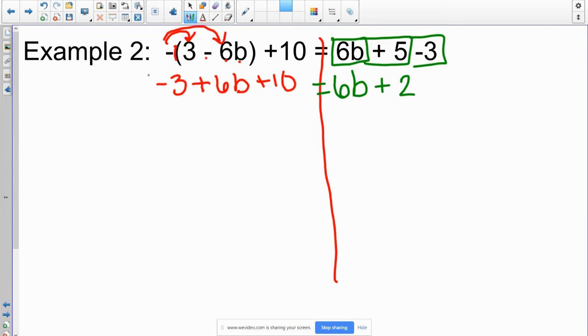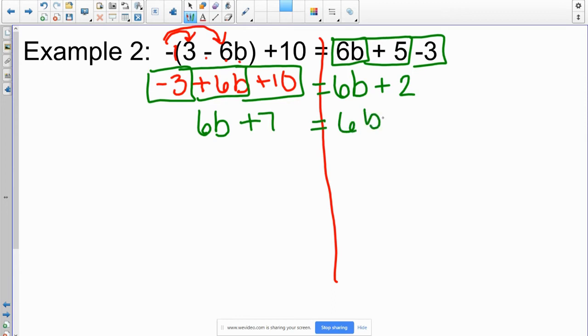I'm going to go over to this side. I notice there's still 3 terms. I'm going to look at it again and see if I can combine like terms. I can see a 6b, and I see a -3 and 10, and I know if I add those together, that would give me a positive 7. So, time to interpret. I notice my coefficients are the same.